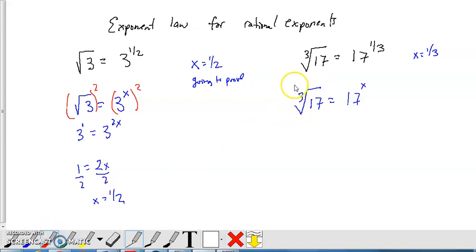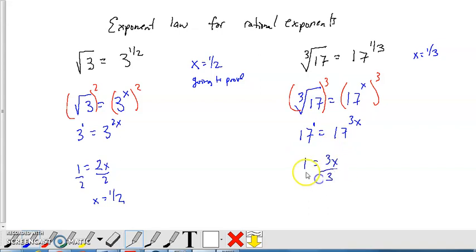So this time, I'm going to raise everything to the power of 3, and this will give me 17, because these two will cancel each other off, leaving you with 17 to the 3 to the power of x. Anything always has an exponent of 1, so I drop my bases, focus on my exponents, divide by 3, and I get x is equal to 1/3.